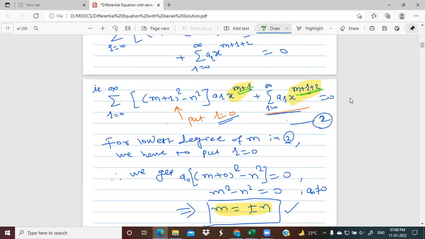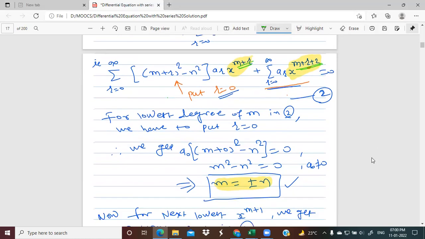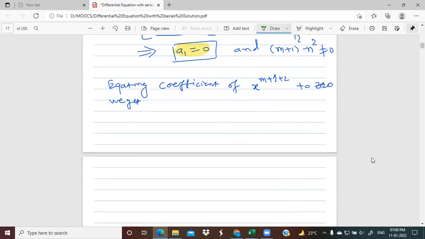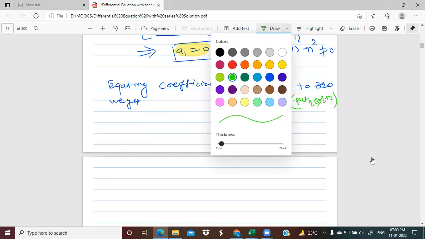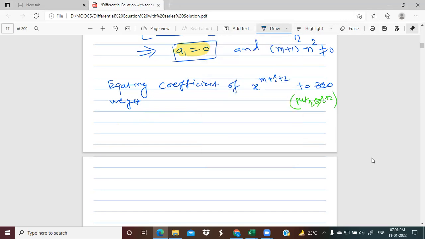I'm replacing R by R plus 2 and then comparing. For M plus R plus 2, we have to replace R by R plus 2, and write this solution as M plus R plus 2.